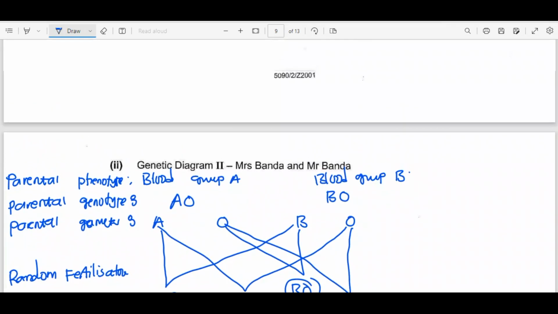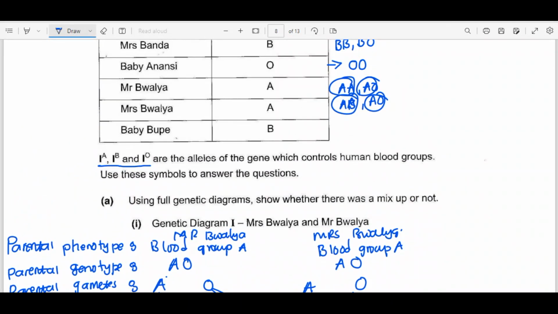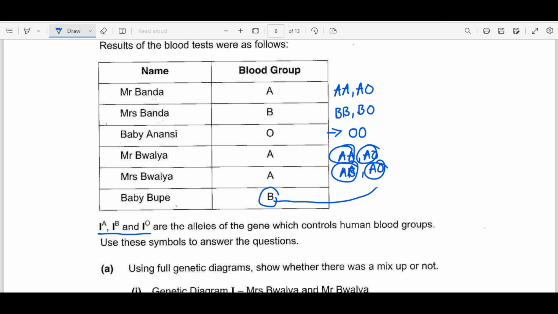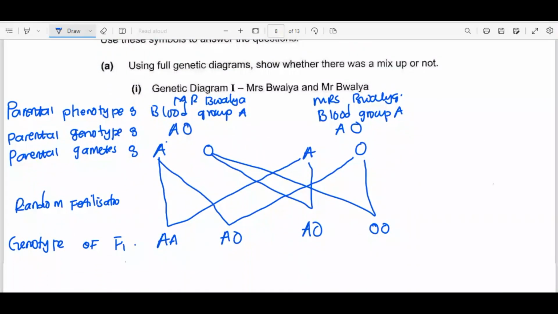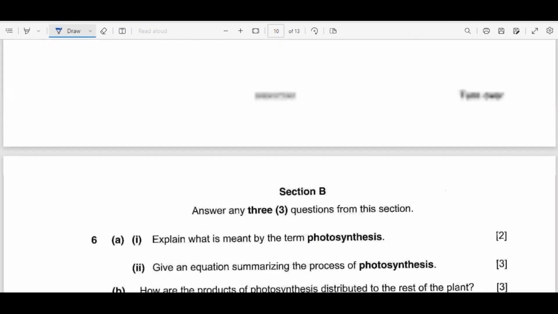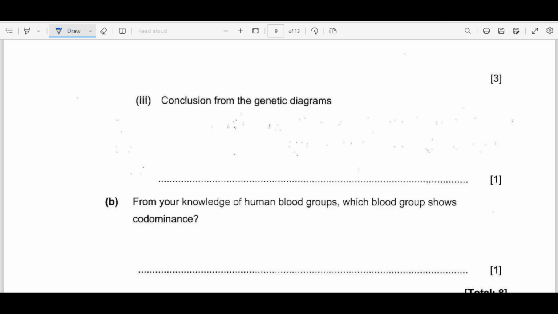But for the first one, there is no B. So our conclusion is that this child, since he has B, belongs to the second couple, then this one belongs to this couple. That's the conclusion that we can make from here. So conclusion from the genetic diagram. So say, therefore, there was mix-up.